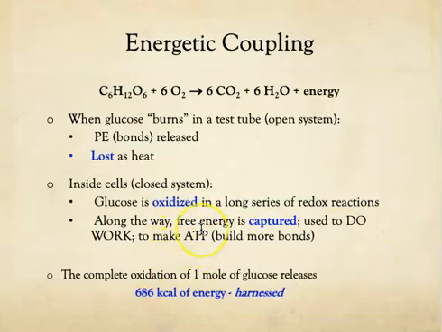And it can turn around and break those phosphate bonds in order to release that energy and do more work. In 1 mole of glucose, there are 686 kilocalories available to the cell. The cell is going to break apart the glucose molecule, release that energy, and then harness or store it by making ATP.